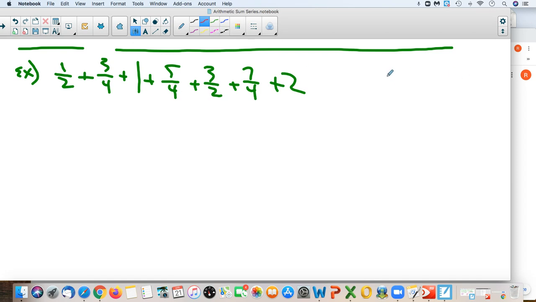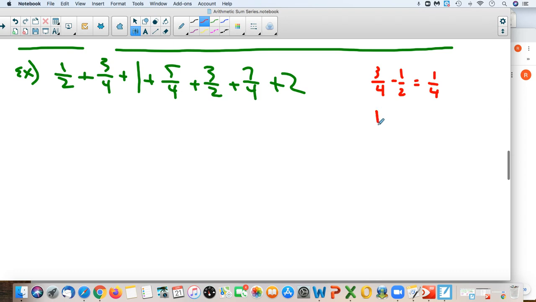Let's use red. Let's do 3 quarters, take away 1/2. If you do 3 quarters, take away 1/2, it should be 1/4. We'd use 0.25, but I like to use 1/4.